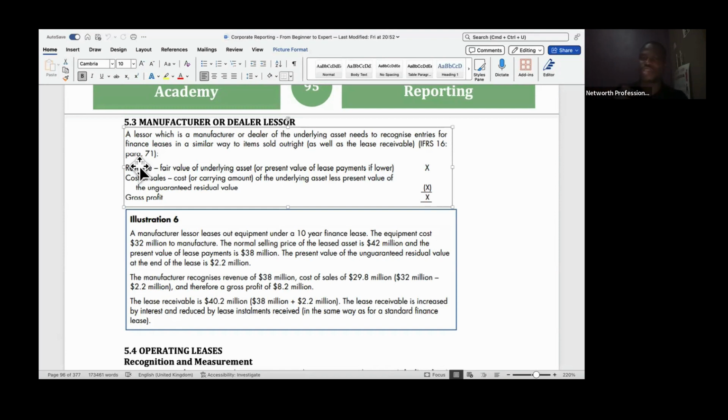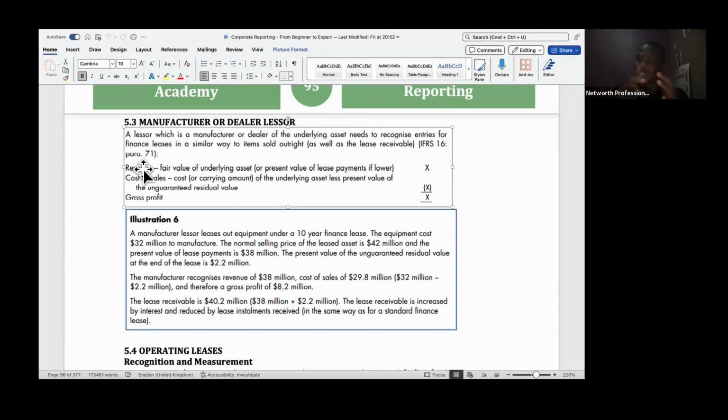And I told you that the core principle of IFRS 15 is that the revenue you recognize in P&L must depict the consideration an entity is entitled to for the transfer of goods or services. So I will not be wrong if I say that the revenue here for the lessor should be equivalent to the net investment in the lease that I taught you earlier.